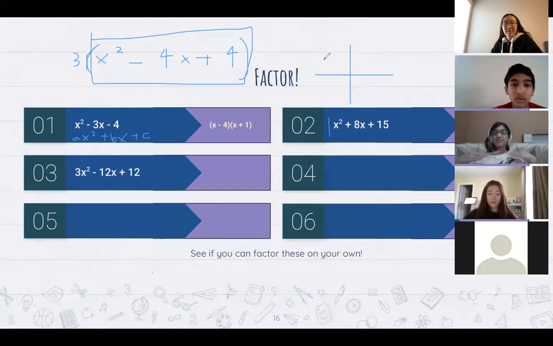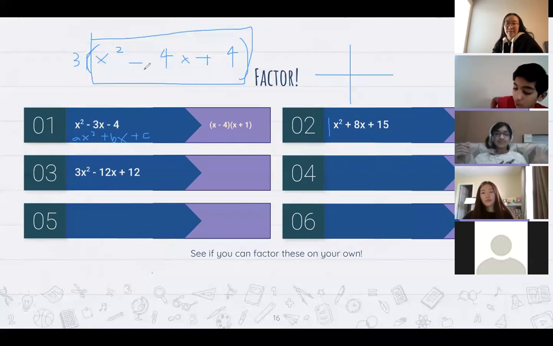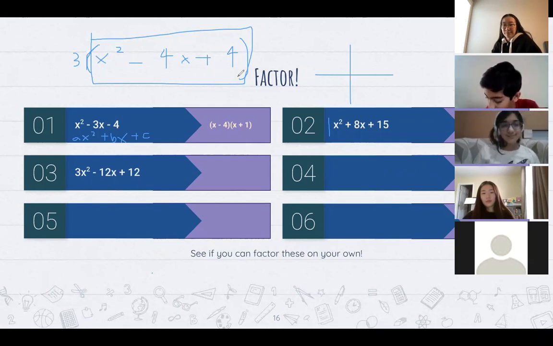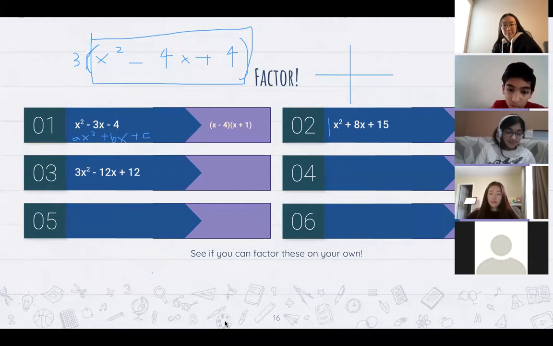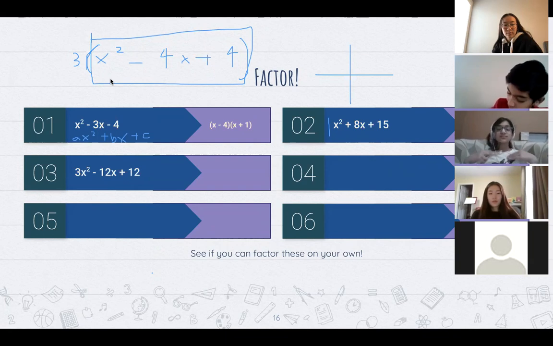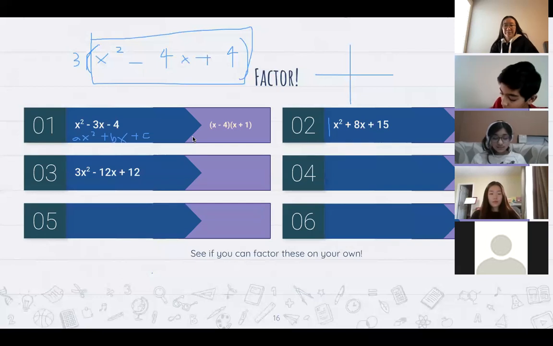Oh, well, when you don't include the 3, you have to basically divide everything in there by 3. So you have x squared minus 4x plus 4. Okay, sorry if that was a little confusing. So once you finish doing the box method, what you just do is you just put the 3 back in front.